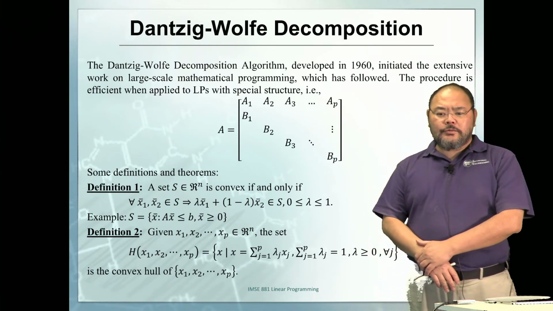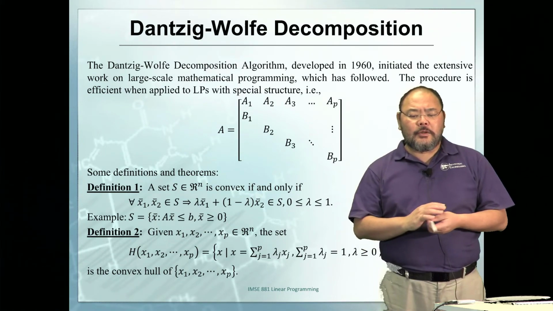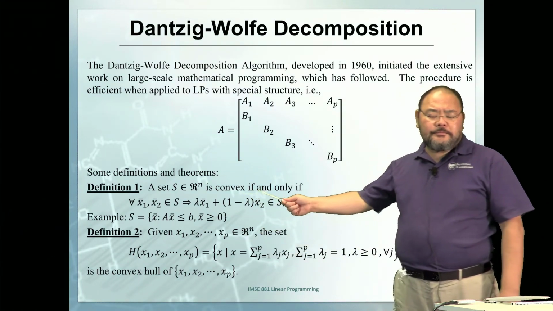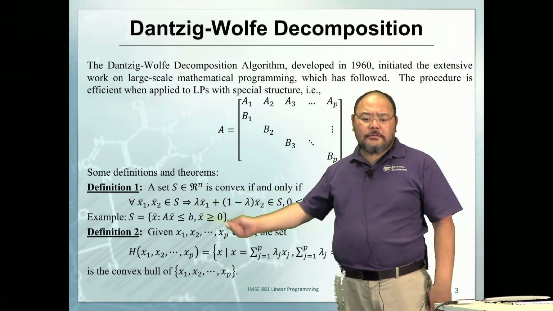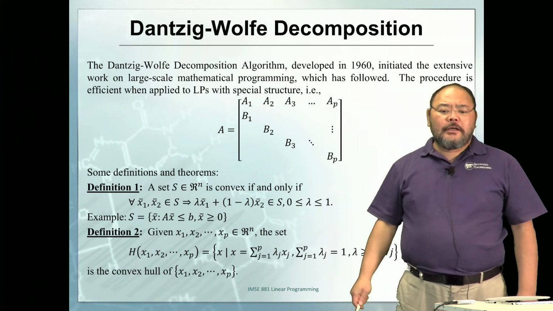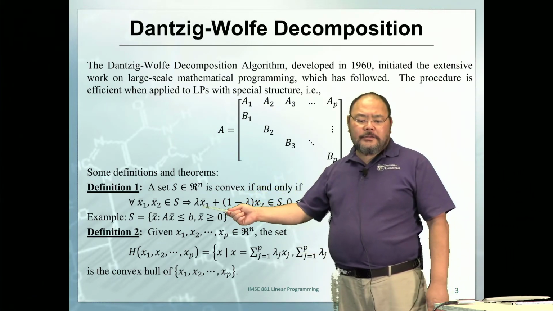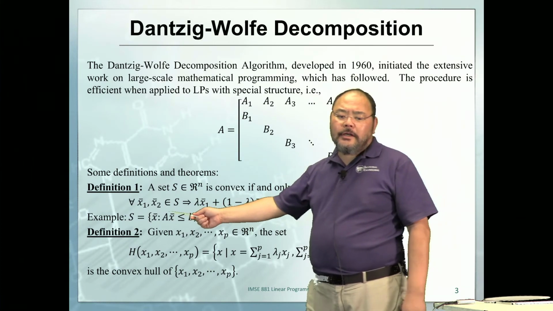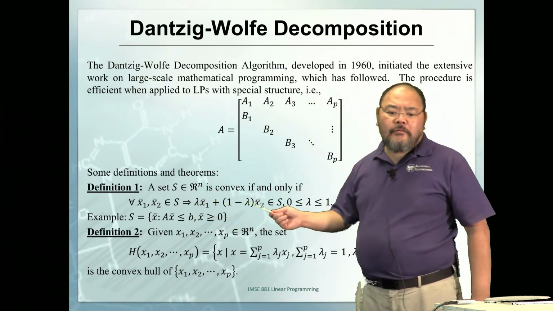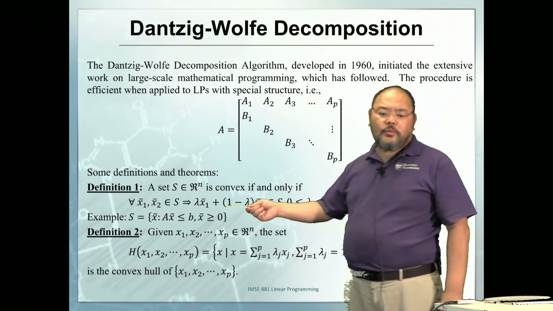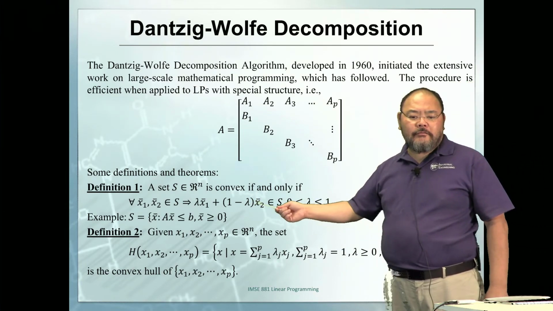Most of those we already talked about before. Let's focus on the first one. A set S belonging to R^n, the Euclidean space over n, is convex if and only if, when x1 and x2 belong to the set S, then any convex combination of x1 and x2 also belongs to S. This is the so-called convex combination.